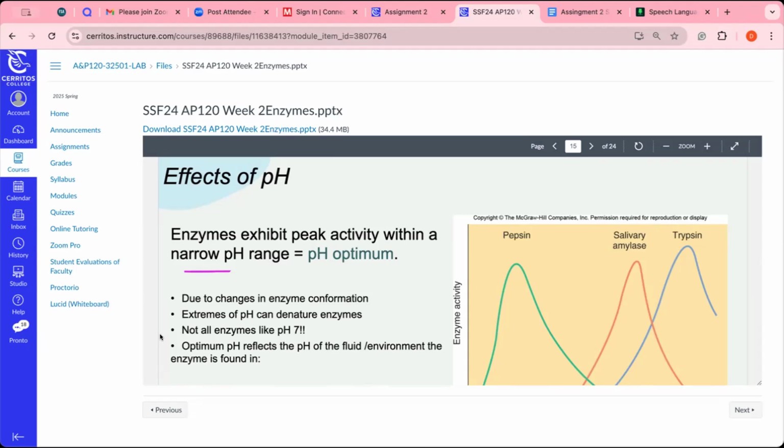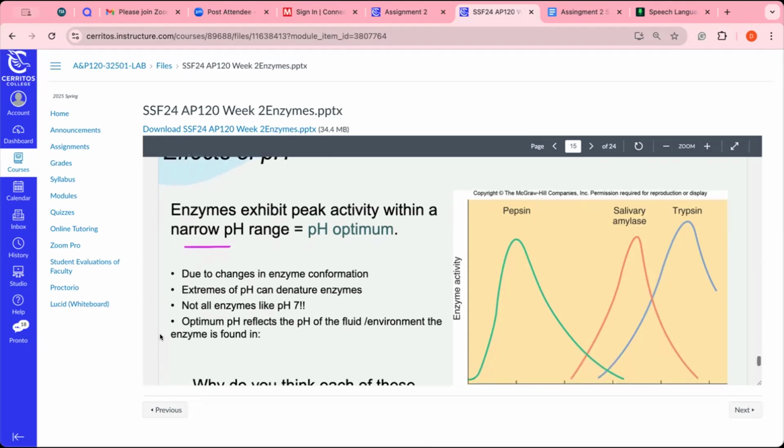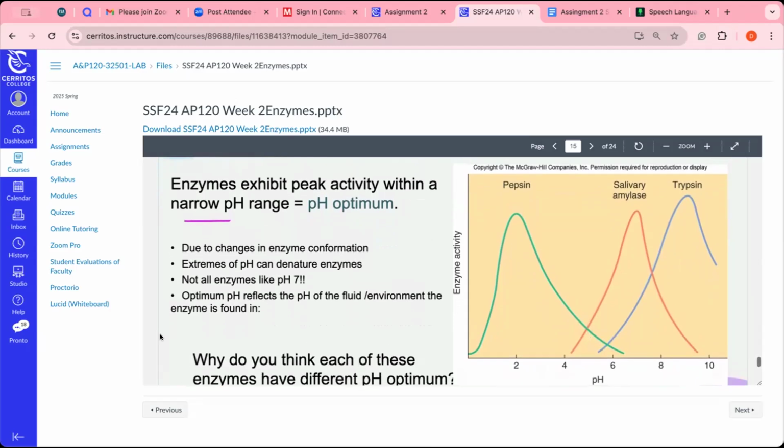And there's a picture of that on the right-hand side. If you scroll up a little bit, it'll show you pepsin is an enzyme that's in your digestive tract where your acidity is typically higher. So notice it typically becomes very effective around pH 2 or 3 and drops off.